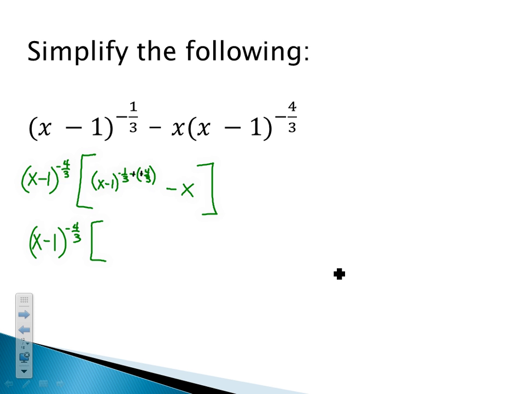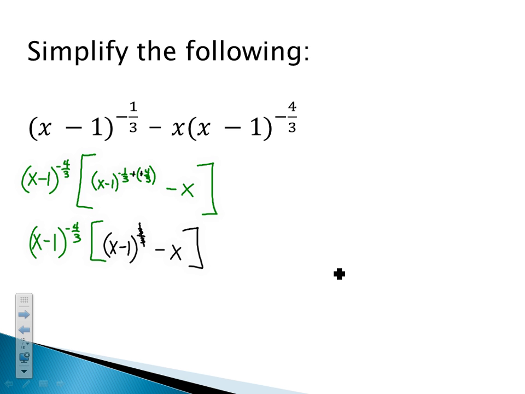We end up with x minus 1 to the 3/3. Well, 3/3 is just 1. So that's just an x minus 1. Okay, now look in the parentheses, we have x minus 1 minus x. So do you see how the x's are going to even cancel away?